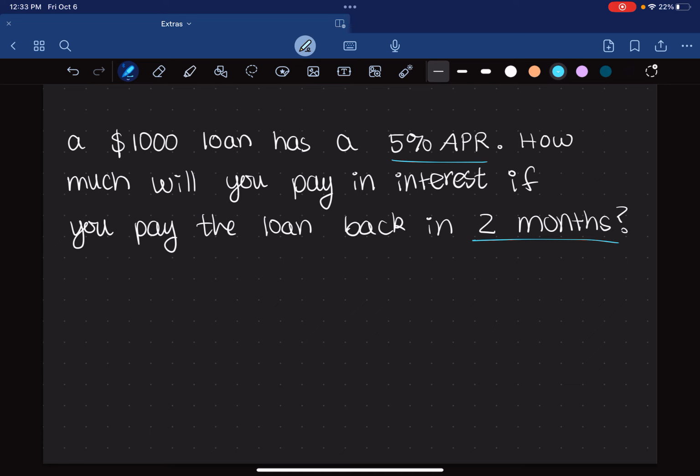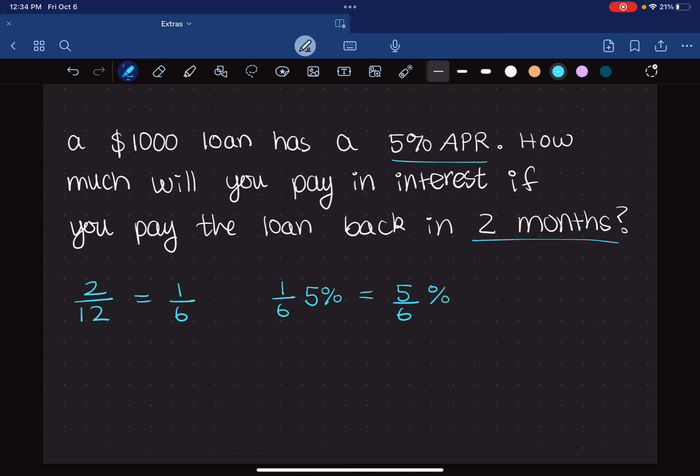So the basic idea is we know that 2 out of 12 months is basically a sixth of a year. So 2 months is 1/6 of a year.